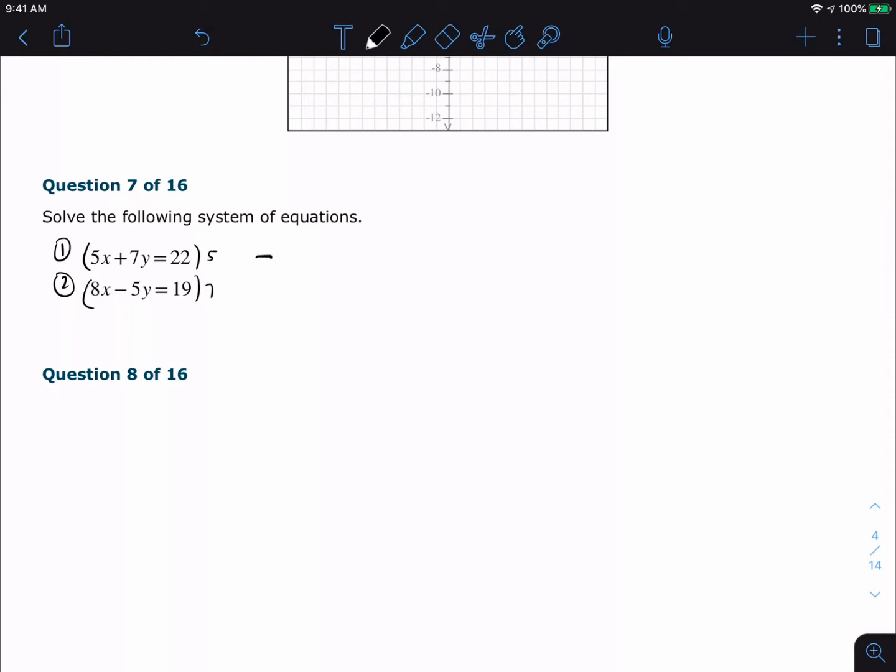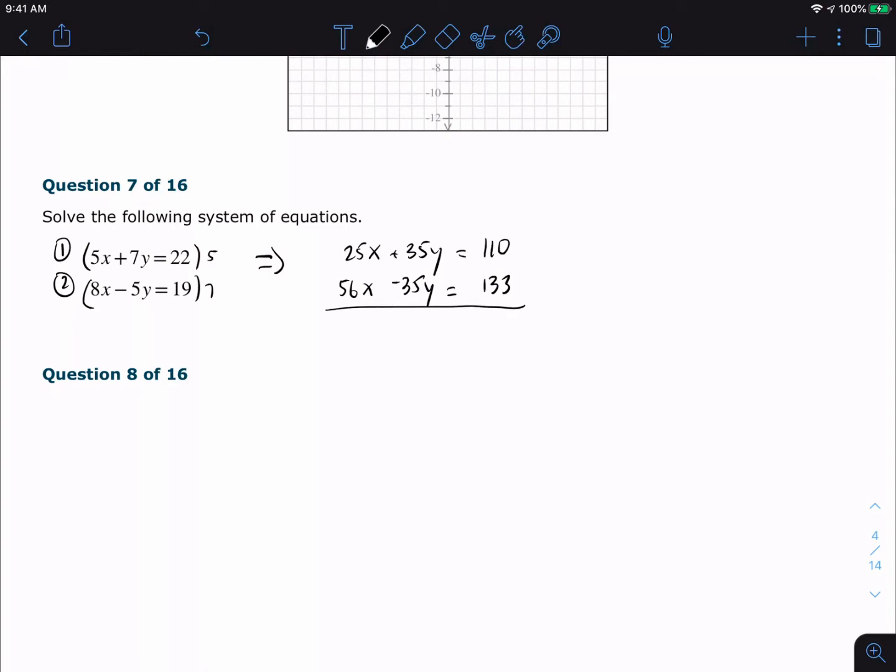And so what's going to happen is this. I'm going to get 25x plus 35y is equal to, I think that's 110. And the other one's going to be 56x minus 35y is equal to 70 and 63. Is that 133? 19 times 7. Yeah, 133. But now what I'm going to do is add these.